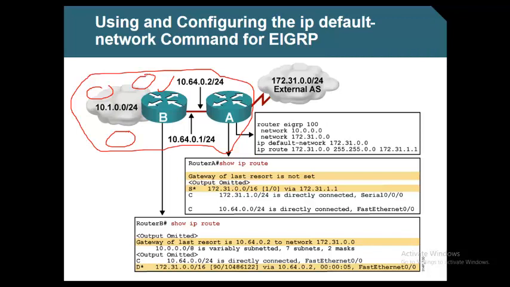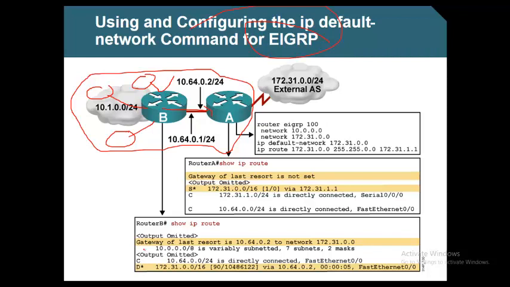Instead of manually writing a static route to A, we can make use of EIGRP to do that.